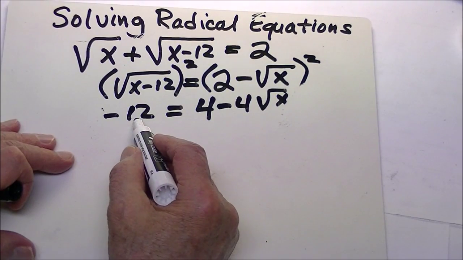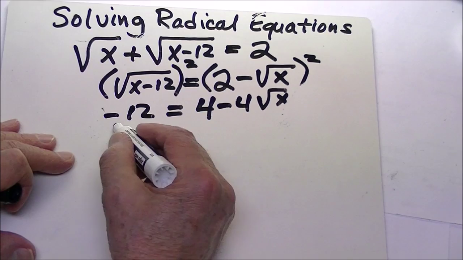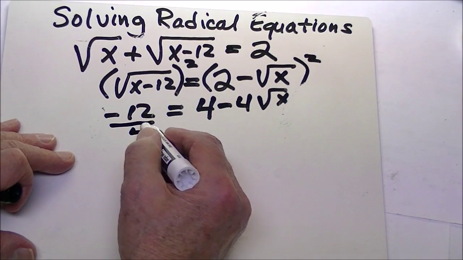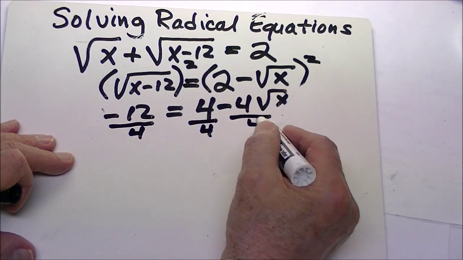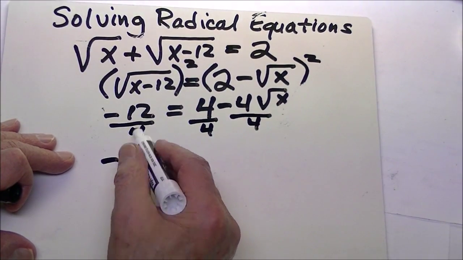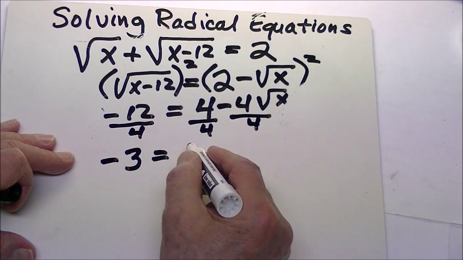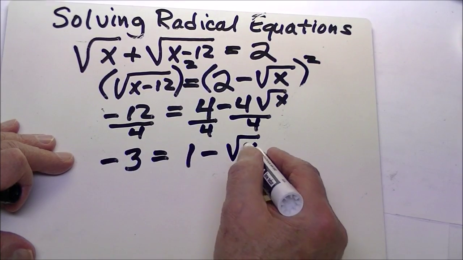And I don't know if you can see that in each term there's a common multiple of 4, so we can divide everything by 4 to make the numbers smaller. So we now have here a negative 3 equals a 1 minus the square root of x.